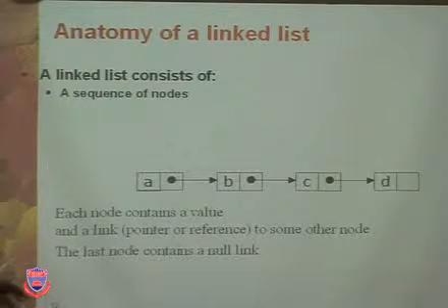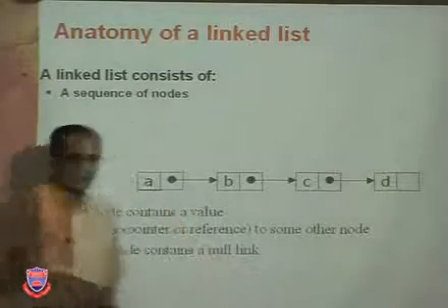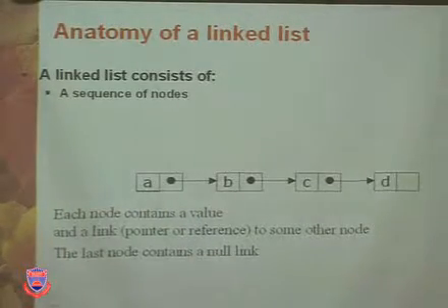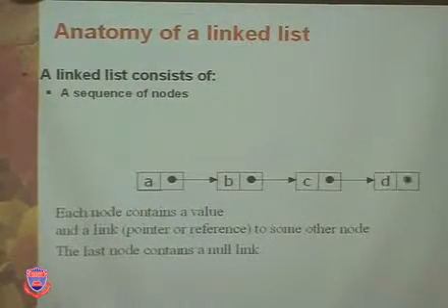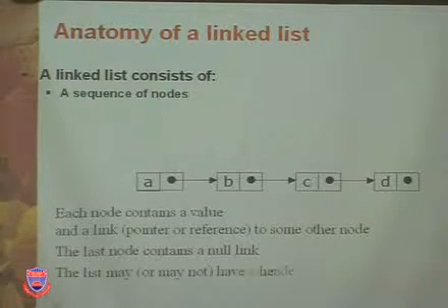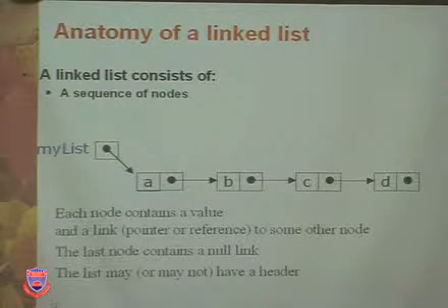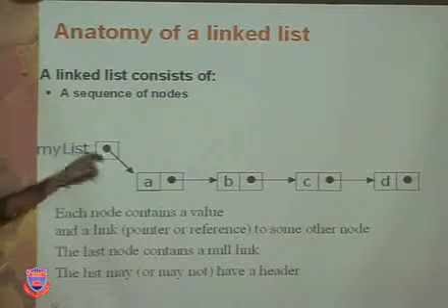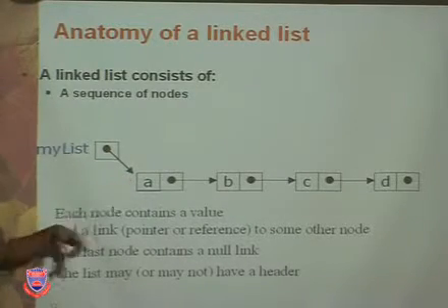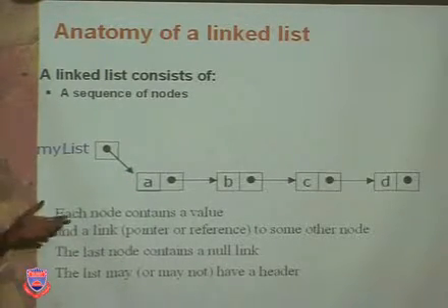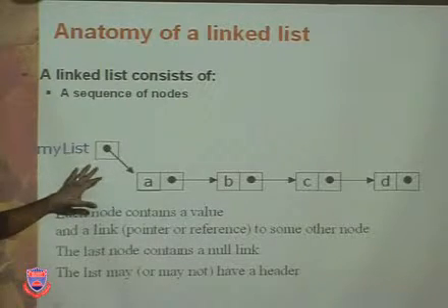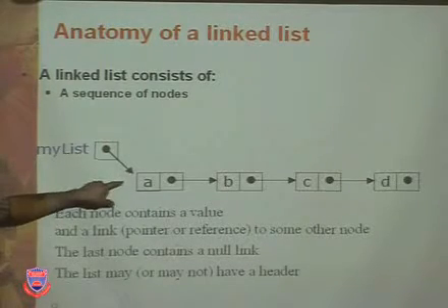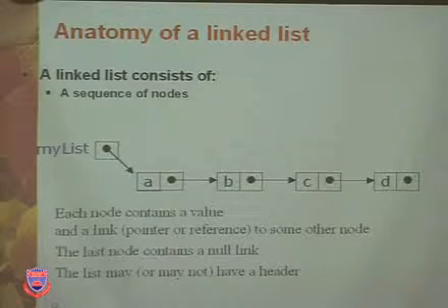And the last node, which is D in this case, is going to have a null pointer which doesn't point to any object in the list. So you can also have a header that points to the starting point of the list, or you may not have it, but usually in the implementation you have a header that indicates the starting point of your list. Okay?